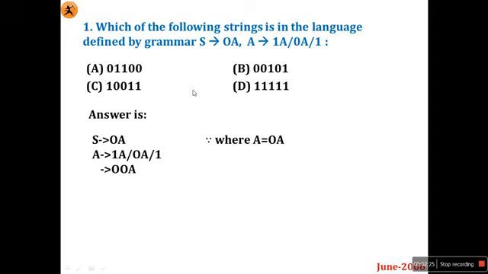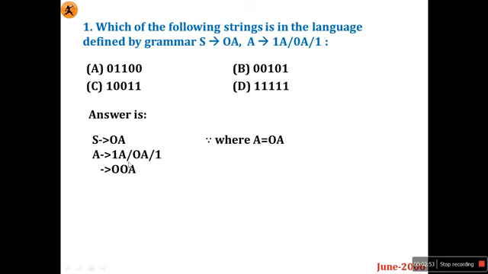And A is repeatedly generating, so definitely A ends with a terminal, that is 1. So looking at this language only, you can assume it starts with 0 and ends with 1, so the answer is B only. That is the initial assumption. So let's check how exactly, and we will solve step by step.